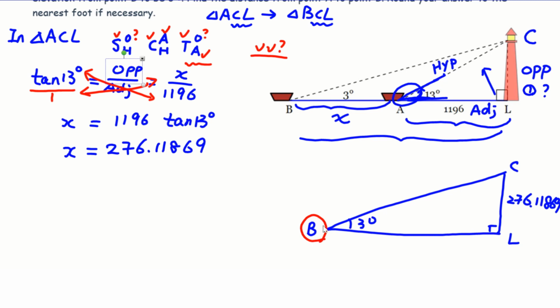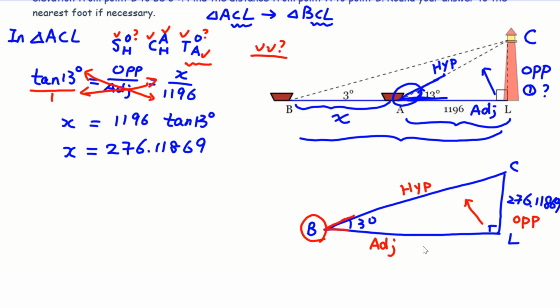We pick the angle that is not 90 degrees. You have two arms here next to angle B, so they are adjacent. One is opposite the 90 degrees, we call it hypotenuse. Then the other side is adjacent next to this one. Whatever is left is opposite.